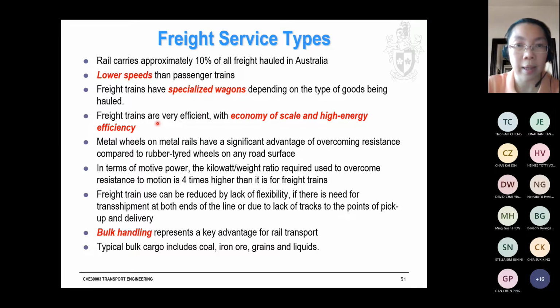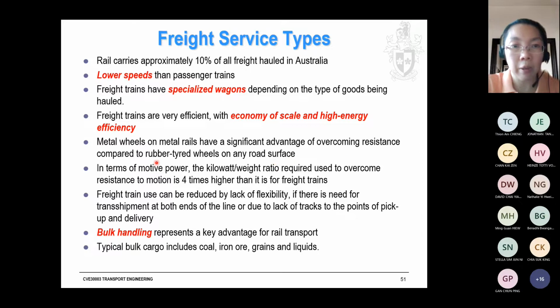So freight trains are very efficient, with economy of scale and high energy efficiency. Very good for bulk movement of materials. And metal wheels on metal rails have a significant advantage in overcoming resistance compared to rubber-tired wheels on any road surface, because usually these goods, if you move them in bulk, are very, very heavy.